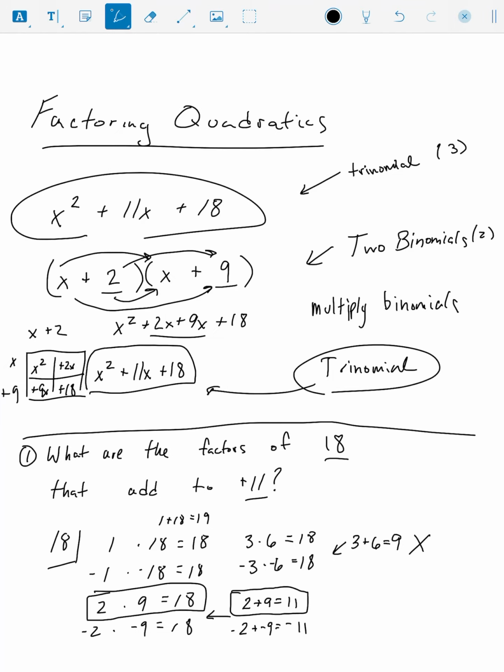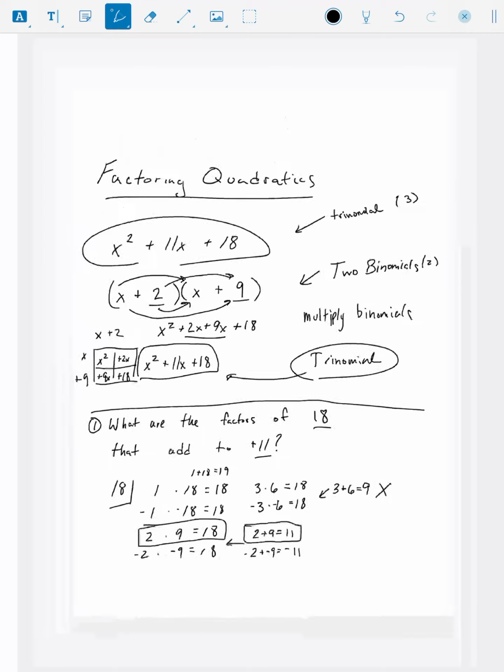Well, if we were to want to graph this quadratic function and you typed it into your calculator and you got an actual answer, your factors actually tell you where it crosses the x-axis. Again, we just factored x squared plus 11x plus 18 into x plus 2 and x plus 9.